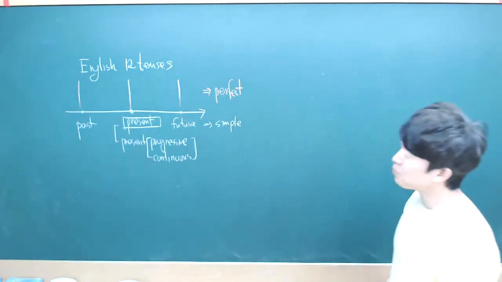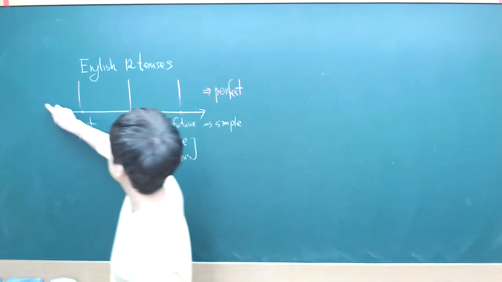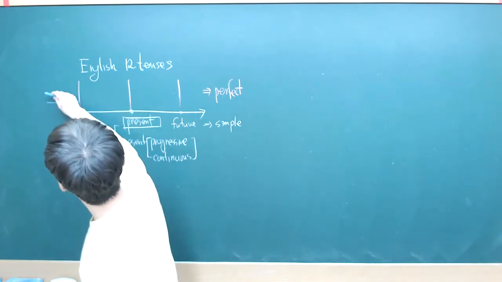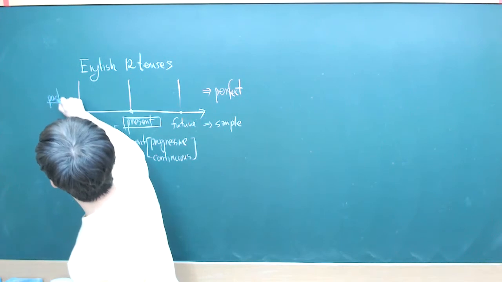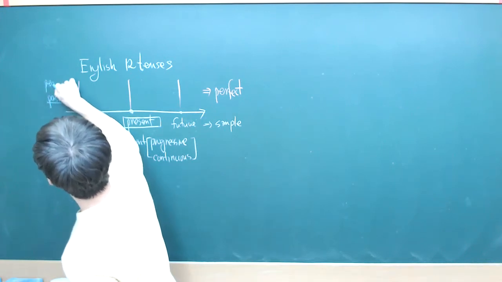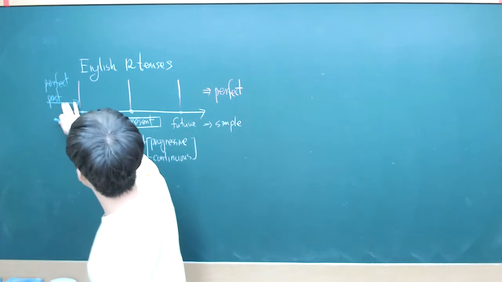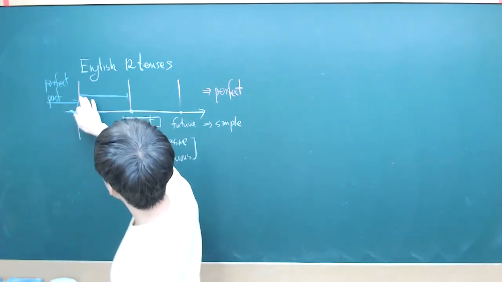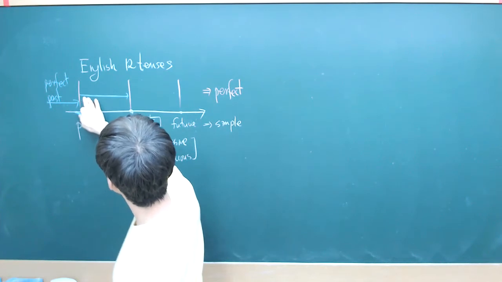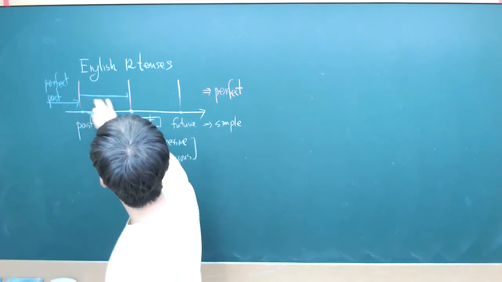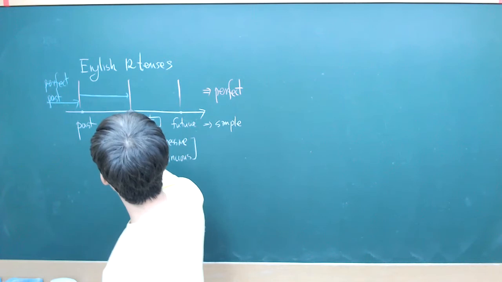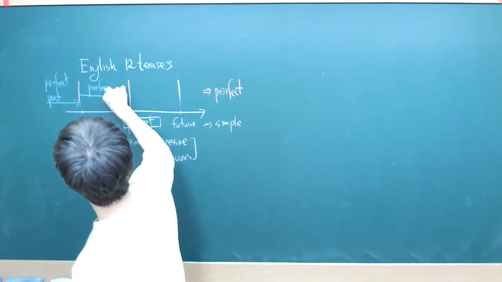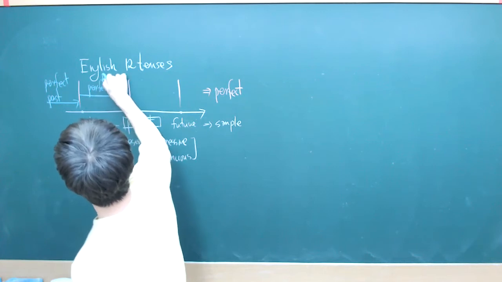There are 3 perfect tenses. Up to a certain point in the past, this is past perfect. If your action or status goes up to a certain point in the present, it is called present perfect.